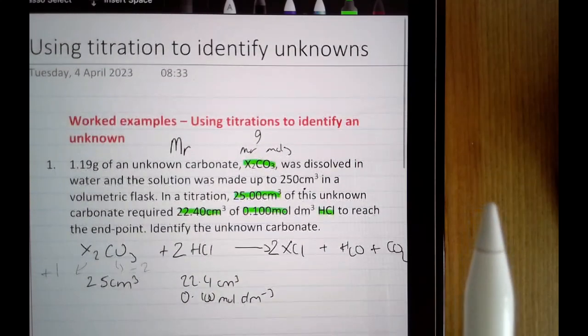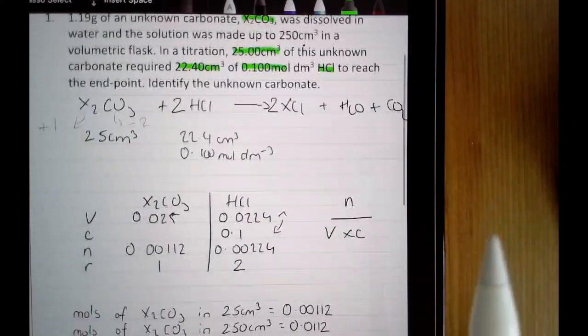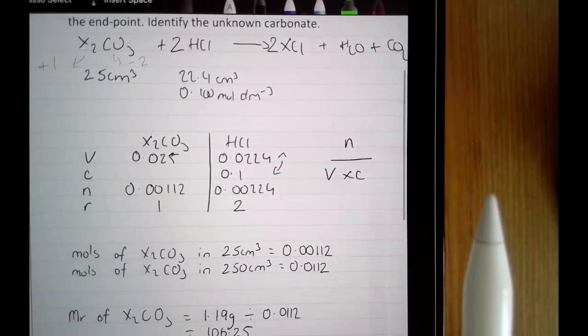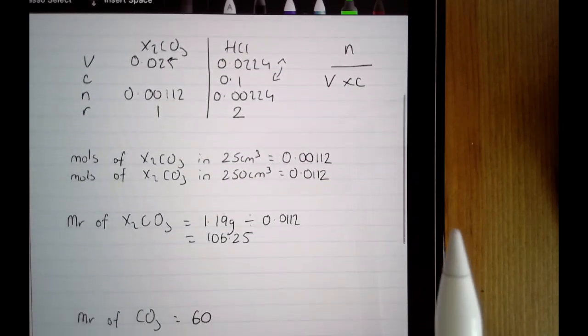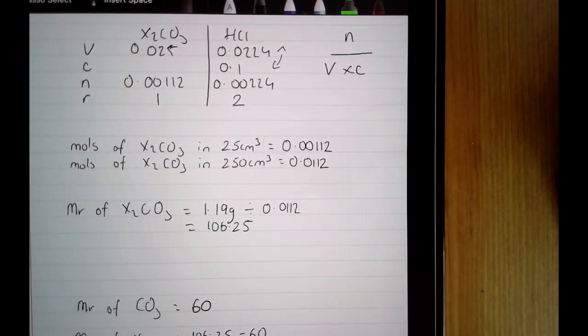Now I know the number of moles I have in 250 centimetres cubed. I know the mass I have in 250 centimetres cubed. I can now find formula mass. So the formula mass is going to be my mass divided by my moles. They're both per 250, and this is the formula mass of my carbonate. So the whole carbonate, X2CO3, is 106.25. But I need to work out what X is. Well, I can work out the formula mass of carbonate. That's going to be 60.